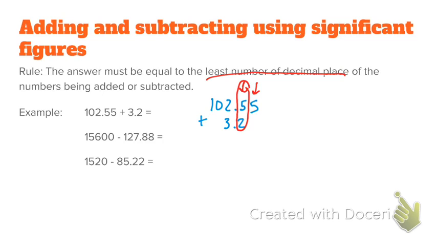We're just going to round to the tenths place. So I do my math, this will be 105.75, but I have to round to the tenths place. Why? Because 3.2 only goes to the tenths place. It's the least number of decimal places. So if I round this, this will take me to 105.8. Okay?